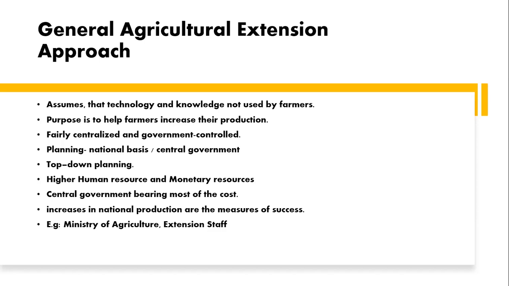The final objective is to increase national production. They measure the success of these activities with the production data. They have targets, such as millions of kilograms at the end of the year.